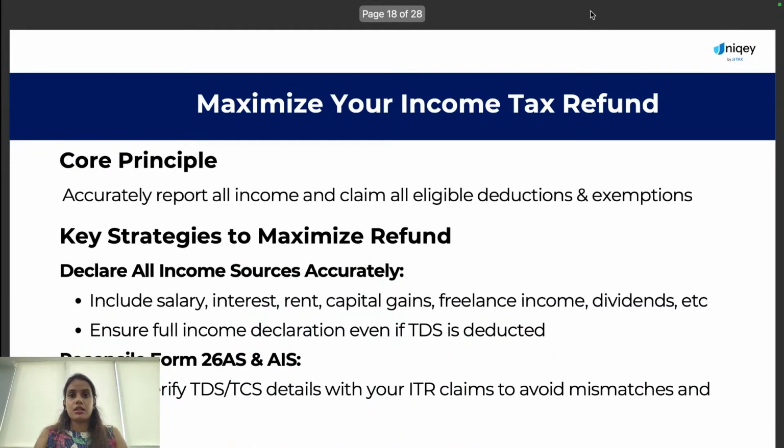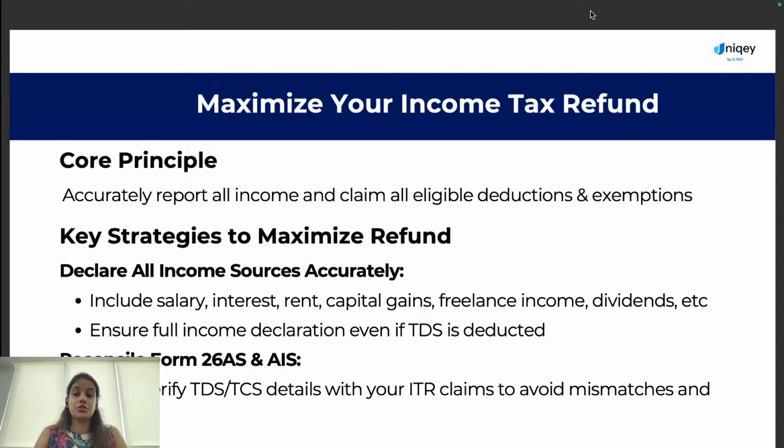So how can you maximize your income tax refund? This is the most important thing everyone asks: how can I maximize my refund in the ITR? The core principle is that if you accurately report all your income and claim all the eligible exemptions and deductions, there is a chance you can get a refund from the department.